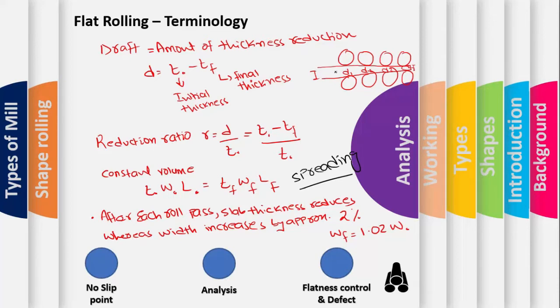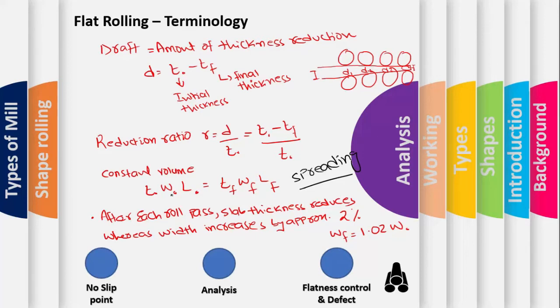So we pass the workpiece between the rolls multiple times. In each pass, there is an empirical observation that the width of the workpiece increases by 2%. So the final width after each pass would be 2% greater than the initial width. So this is known as the spreading.